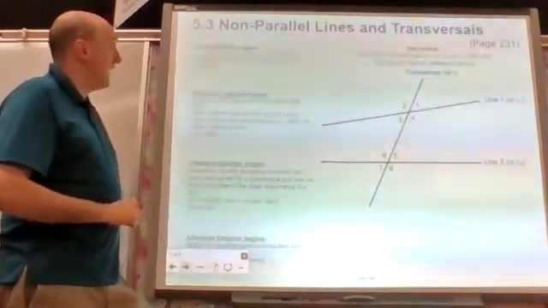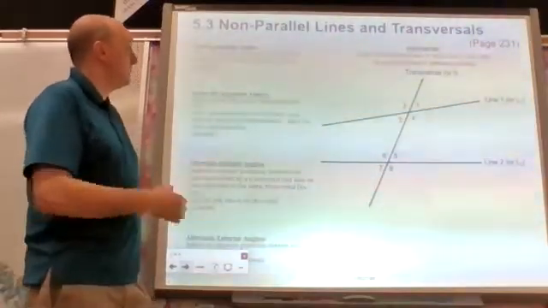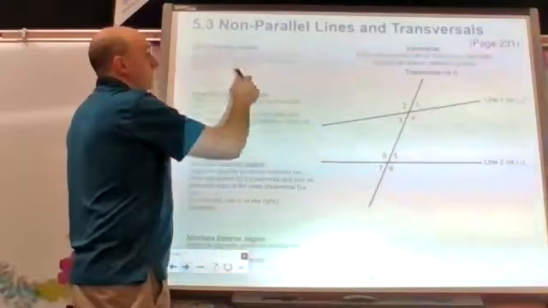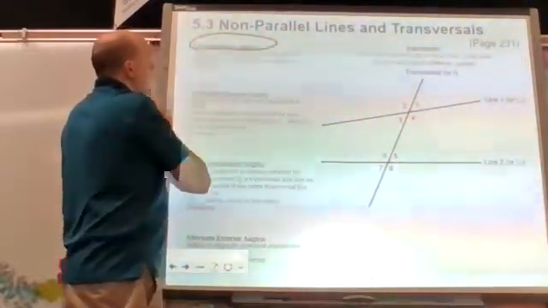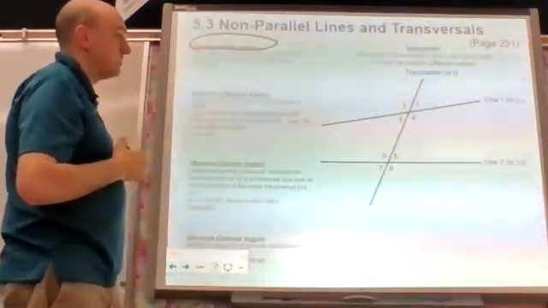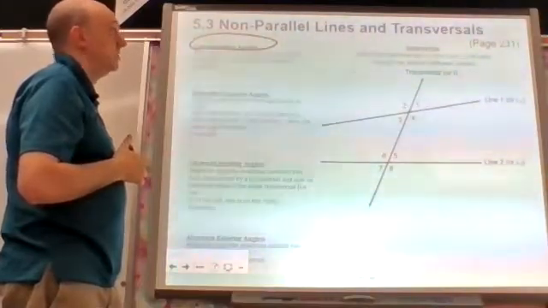Okay, corresponding angles. Two angles that occupy the same relative position at two different intersections. So corresponding angles are two angles that occupy the same position at two different locations.